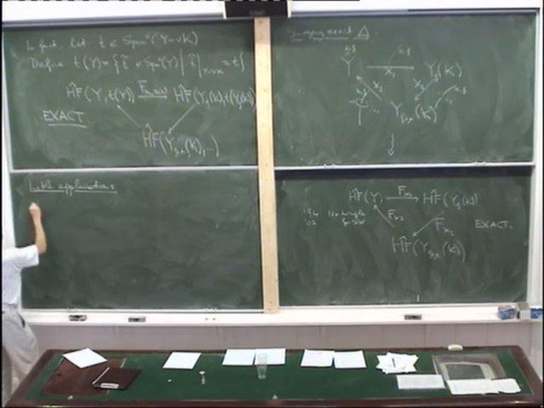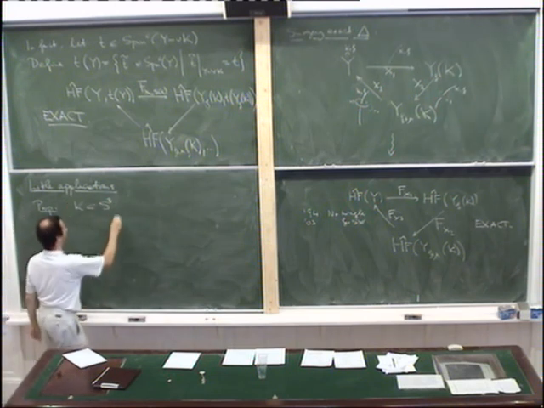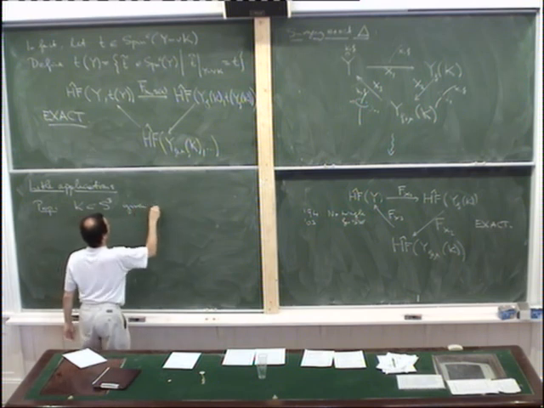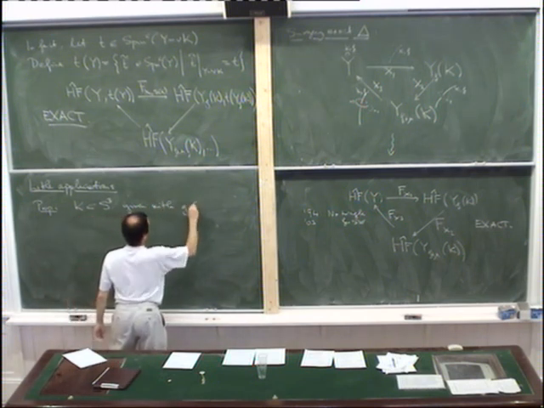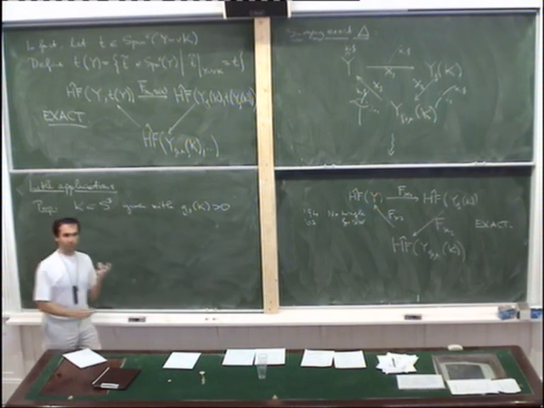So here's a proposition. Here is a knot K in S3 with 4-ball genus positive. So remember what a 4-ball genus is.